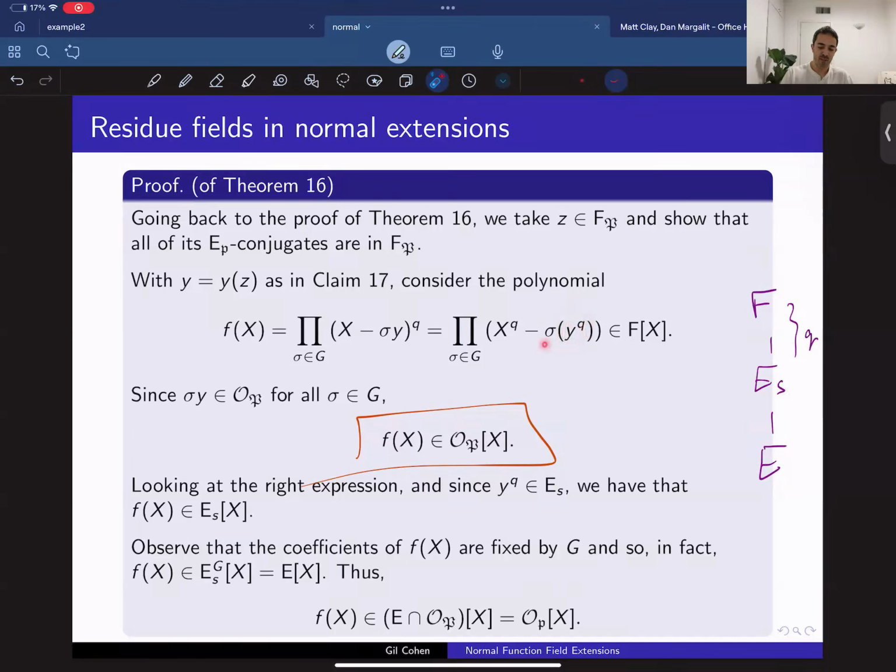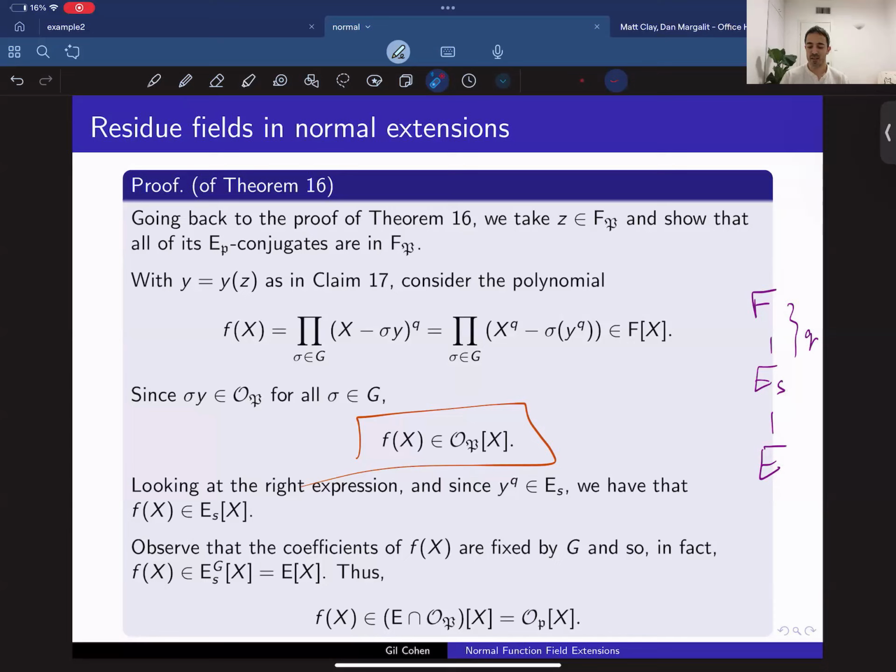And sigma is an automorphism of F over E. So this thing, for every sigma, is some conjugate of y to the q. Now, what's a conjugate? It's one of the roots of the minimal polynomial of y^q. And therefore, it's also separable, right? Because the fact that y^q is separable means that in the minimal polynomial of y to the power q, you have no repeated roots.